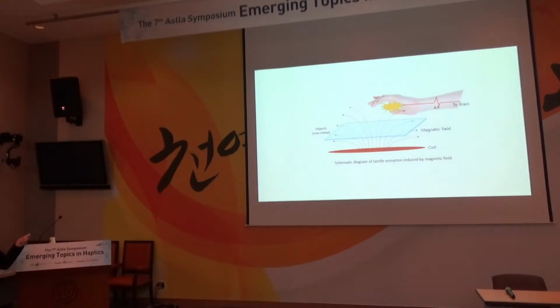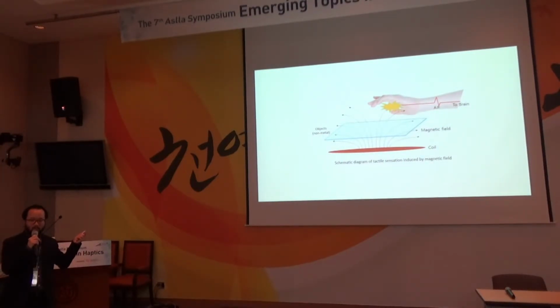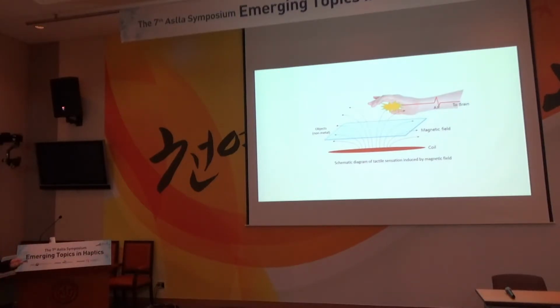And the interesting thing about this mechanism is that this approach works even if an object is placed between the human hand and the stimulation coil. This method can deliver energy, whereas other haptics are not possible because the energy is blocked by the object.